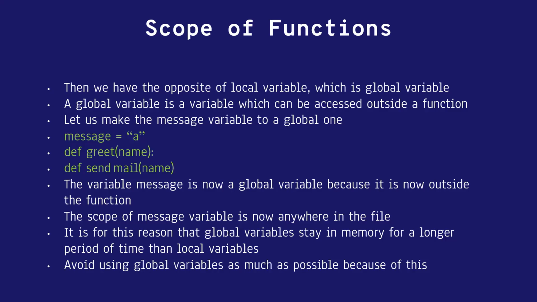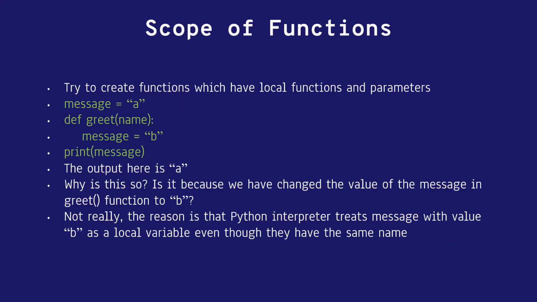The variable message is now a global variable because it is outside the function. The scope of the message variable is now anywhere in the file. It is for this reason that global variables stay in memory for a longer period of time than local variables. Avoid using global variables as much as possible because of this reason.